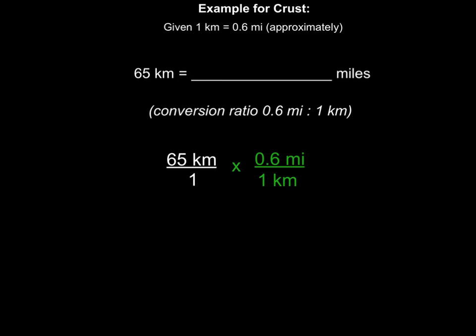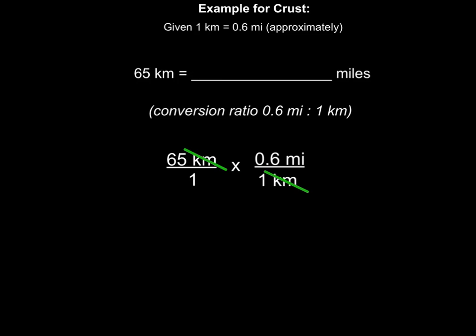And unit rate, remember, just means that there is a 1 anywhere, whether it's the numerator or the denominator. But looking at our conversion ratio, the 6/10 of a mile came first, so that means it has to be in the numerator. And the 1 kilometer came second, so that needs to be in the denominator. So please make sure you copy exactly what I've written.